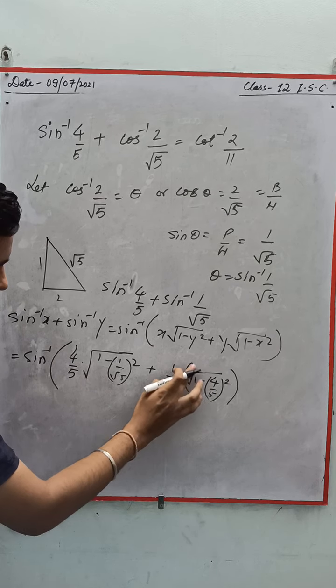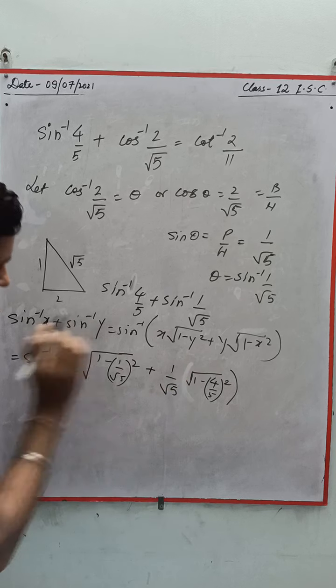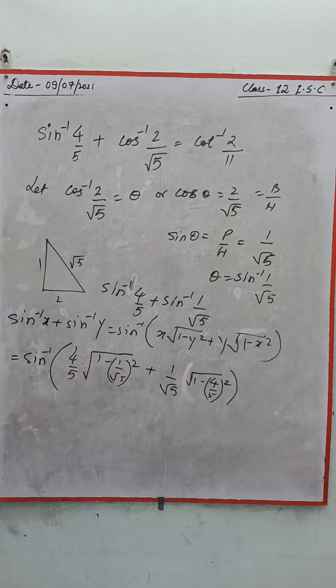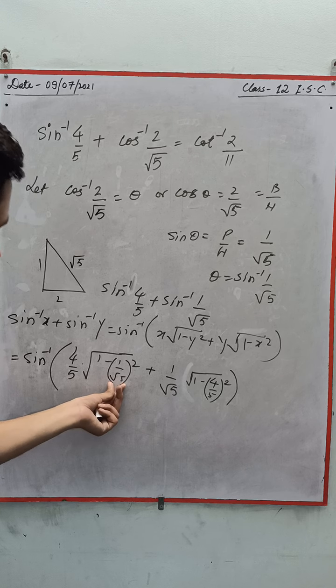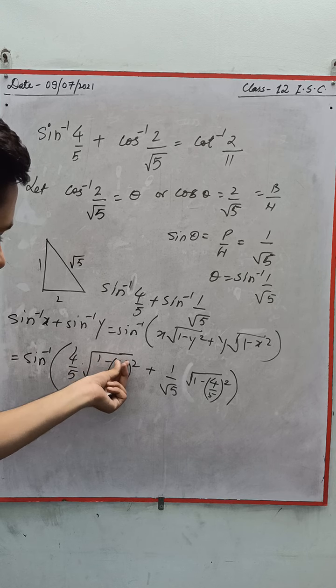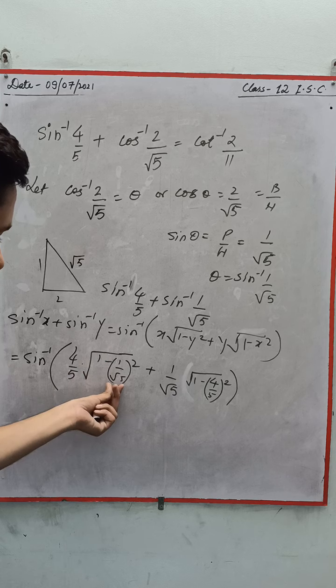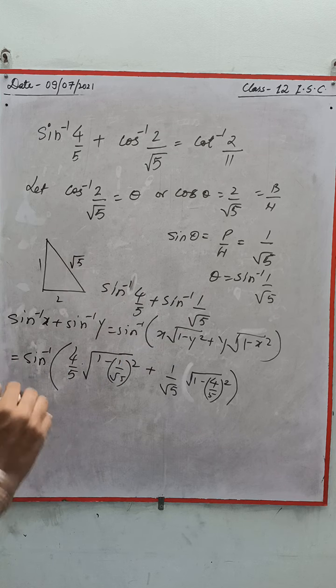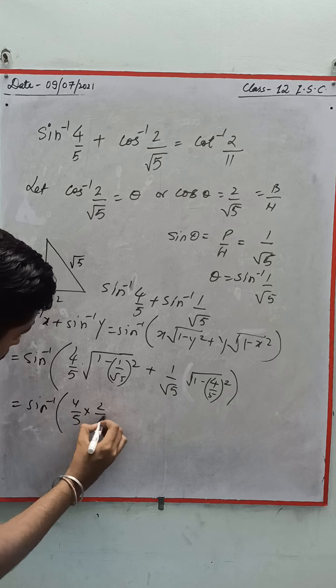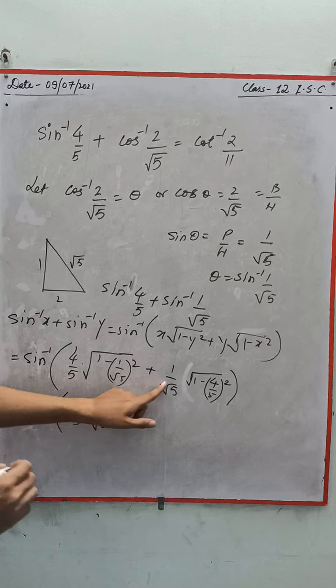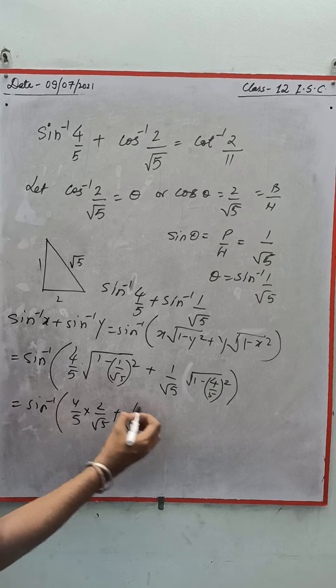Now we can calculate here only. Root 5 square will be 5, so 5 minus 1 is 4, 4 upon 5, on taking it out we will get 2 by root 5. And this 1 upon root 5 will remain as it is.